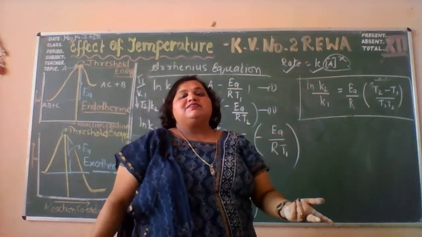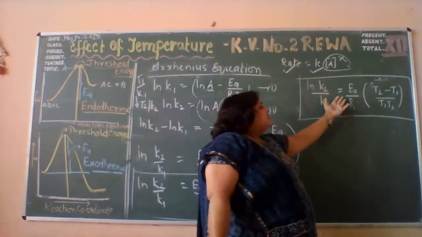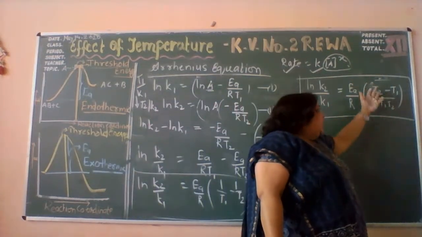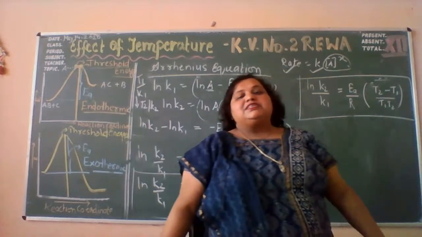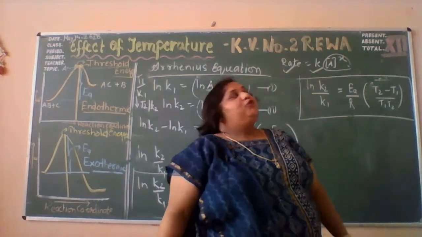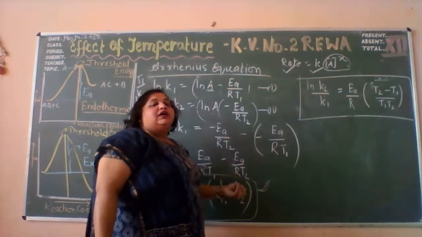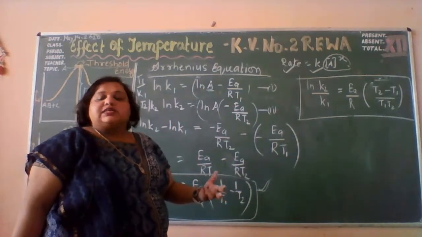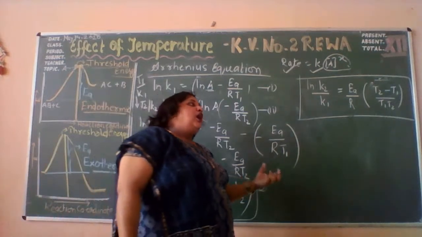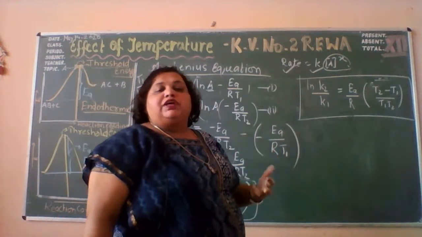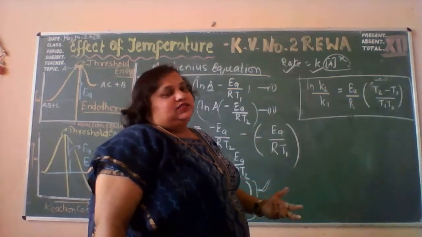Otherwise, it's vice versa. The energy of activation is given, the temperature is given, and you have to find out what will be the rate of reaction at a given temperature, or how many times the rate of reaction is going to change.